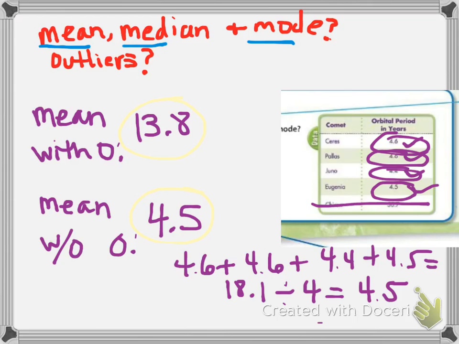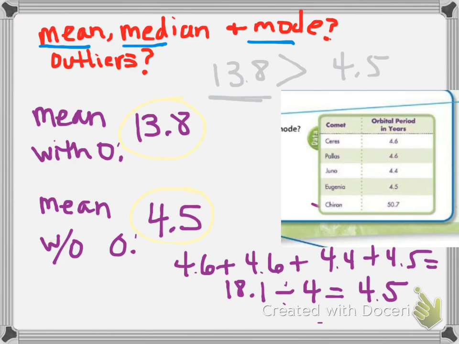So when we compare these two numbers, 13.8 compared to 4.5, with the outlier, it creates a greater difference, a greater number. Okay, so if the outlier would have been a smaller number, now looking back at the information here, remember it's from a 50 and a 4, then the outlier can make it go down quite a bit.